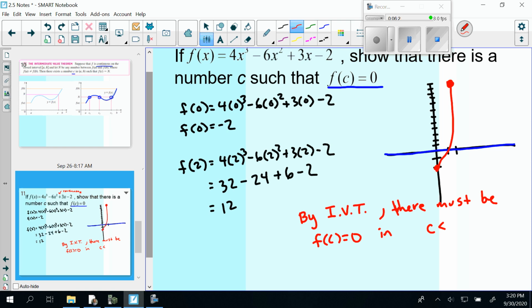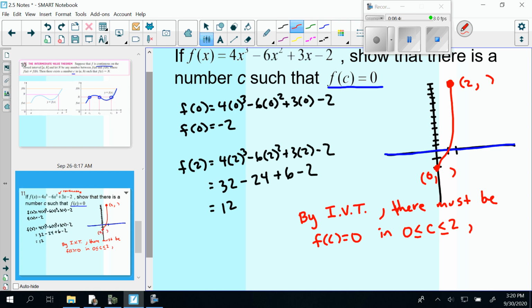This is from 0 to 2, here were our ordered pairs of this. So in between 0 and 2, there must be a c with f of c equals 0 somewhere in the x range of 0 to 2.